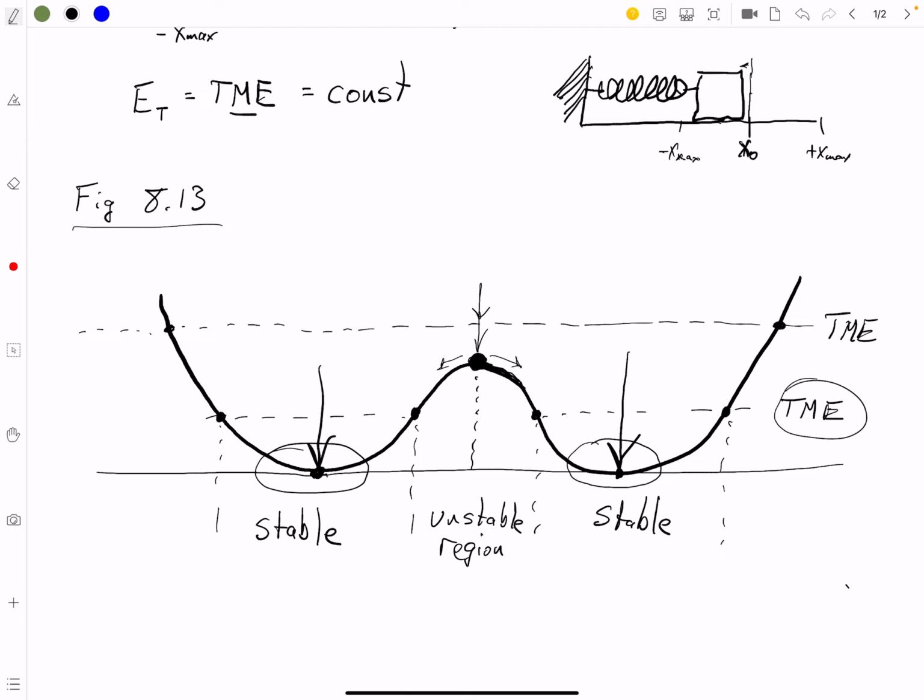This point and this point, this is Q, this is minus Q. They're just points, okay? They're the points around which the equilibrium is found. Your stability is found.